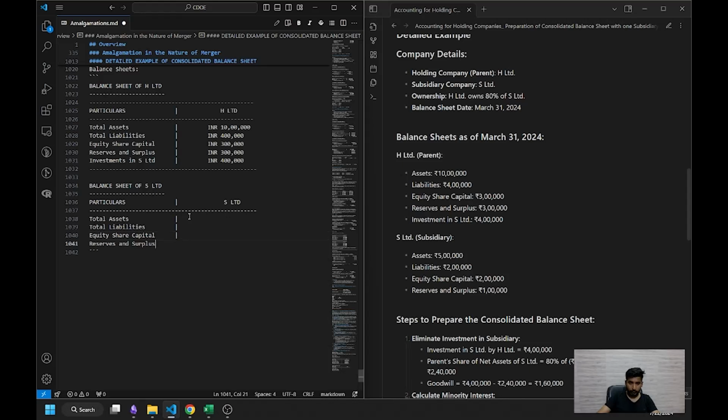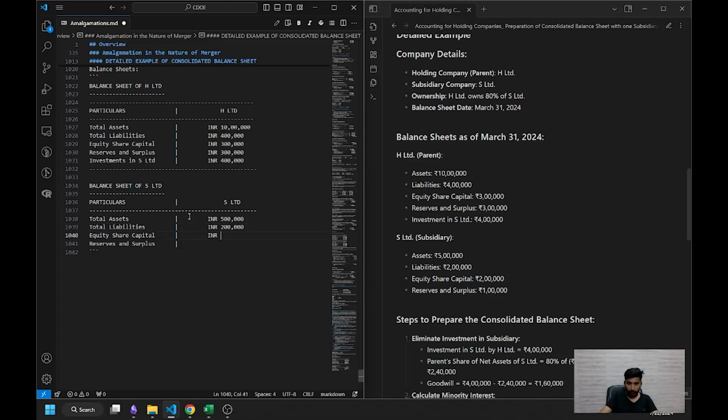Actually, the presentation and the formatting is also equally important because you will not be able to understand if the things are not formatted in a particular manner. So, anyways, the total assets are given as 5 lakhs. The total liabilities are given as 2 lakhs.